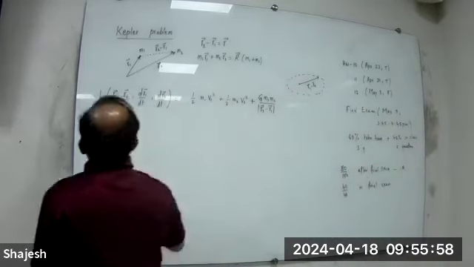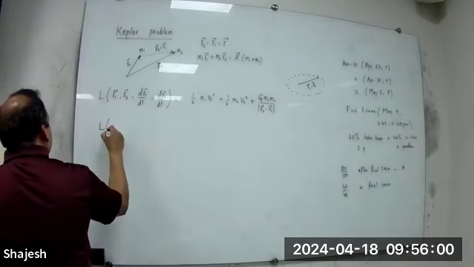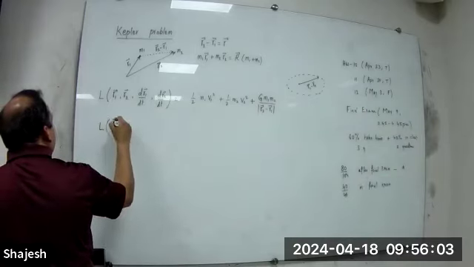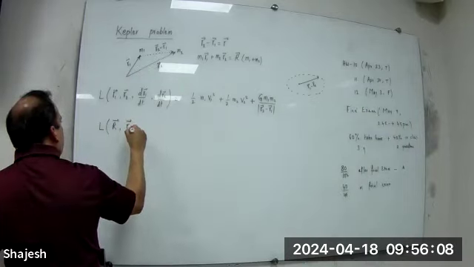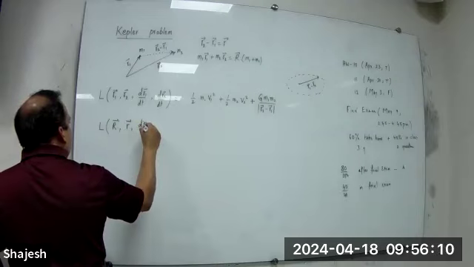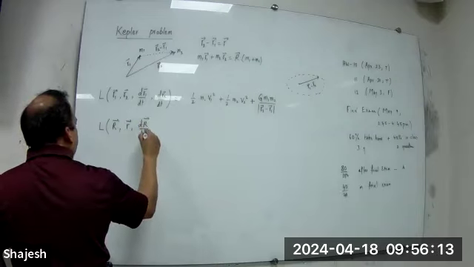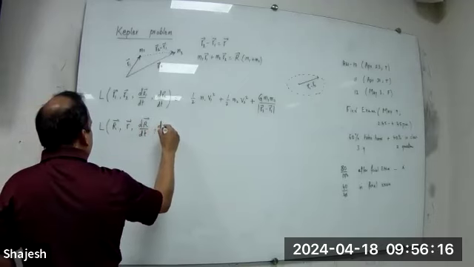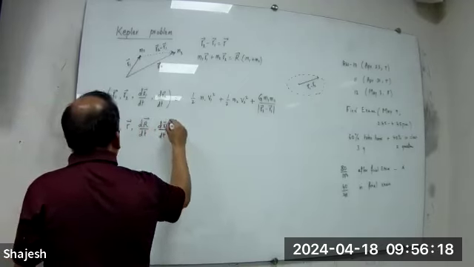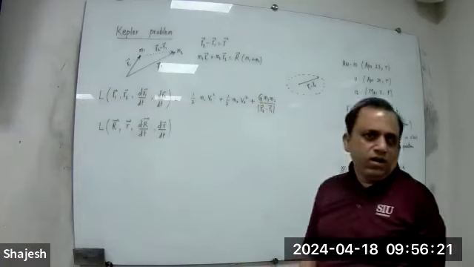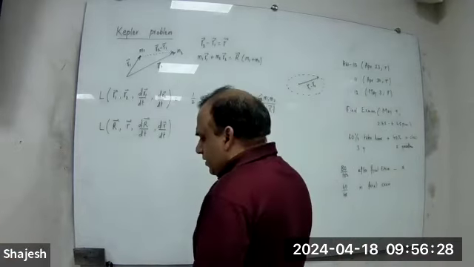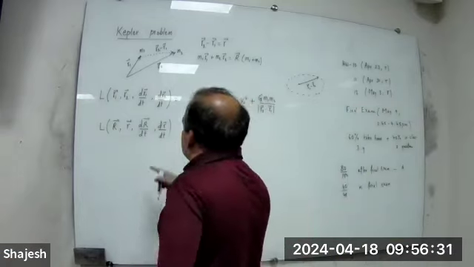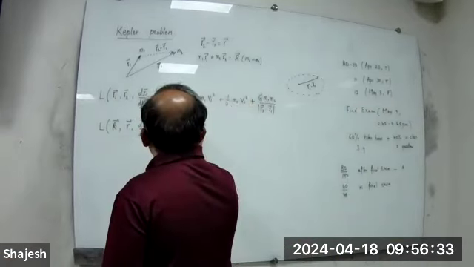We make the substitution and we learned that once you write it in terms of the new variables, this is capital R, and then we have to talk about the velocity of the center of mass and the velocity of this R1 minus R2, the relative position between the masses. That's the velocity associated with it.